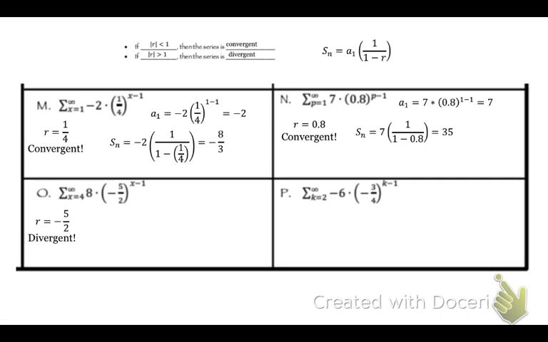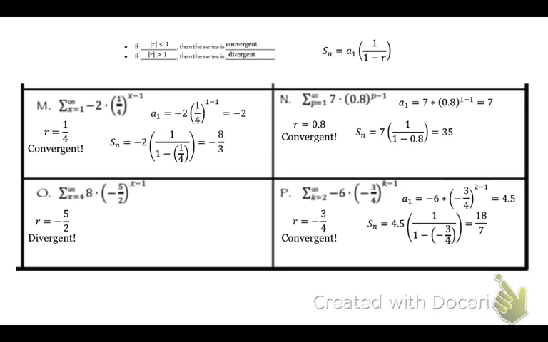If you take the absolute value of -5/2, it's greater than 1, so that's divergent. And this last one, -3/4. We have to get that first value, so we plug in 2. So -6 times (-3/4) to the 2 minus 1 power is 4.5. So that's 4.5 times 1 over (1 minus -3/4), which is 18/7.